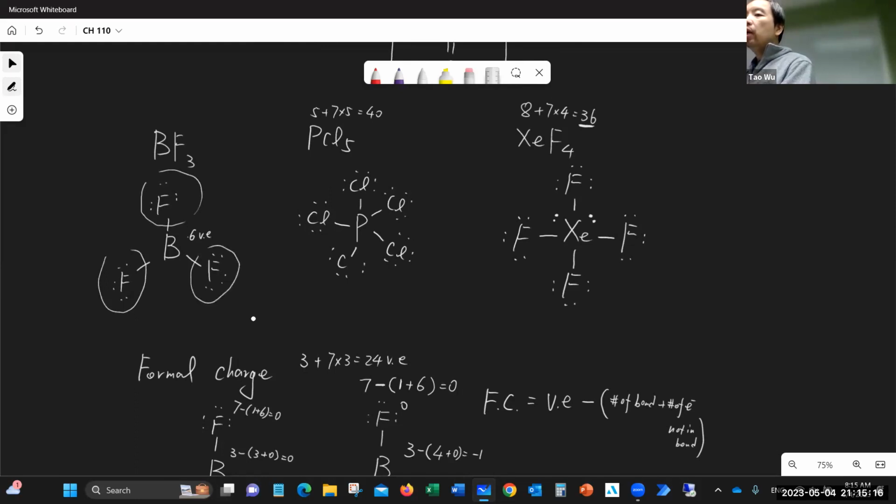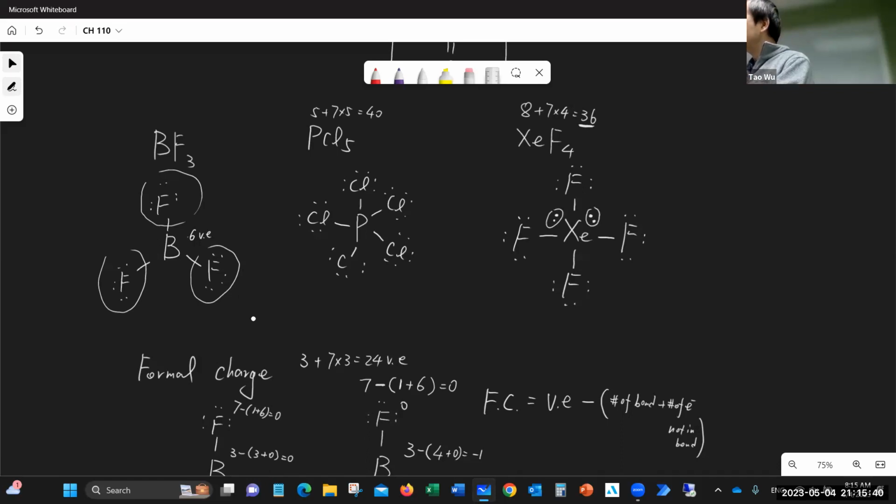The only exception is for the central atom. The central atom either has more dots or fewer dots than 8, but the side atoms always follow the octet.